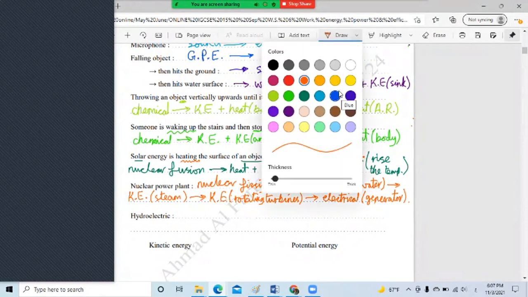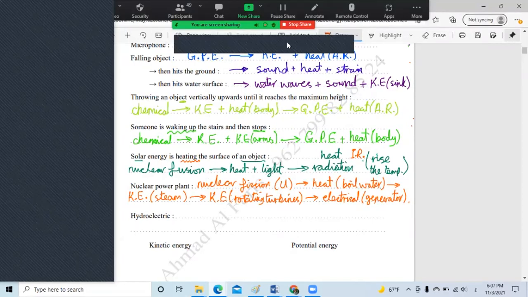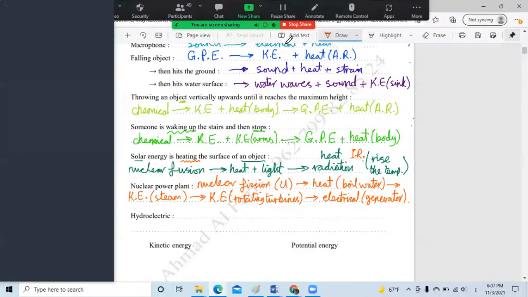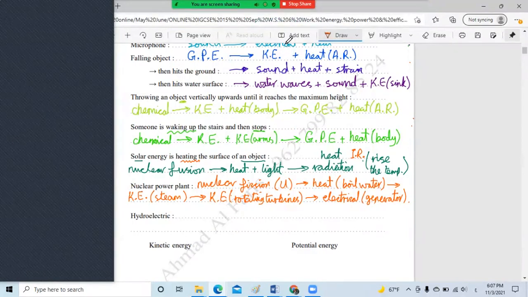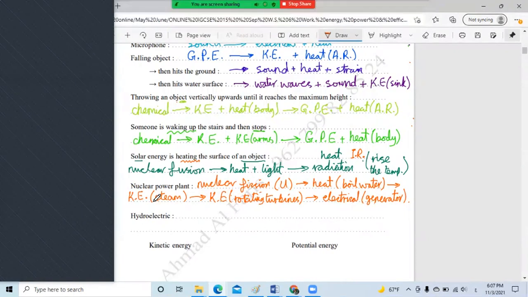Now, so in a nuclear power plant, the nuclear fission of uranium, plutonium, thorium, it doesn't matter, produces heat, and this heat we use to boil water, as we are going to explain later. Details we explained before, and we are going to explain maybe next class or at the end of this class. And this boiling water becomes steam, and this steam passes through pipes with kinetic energy.